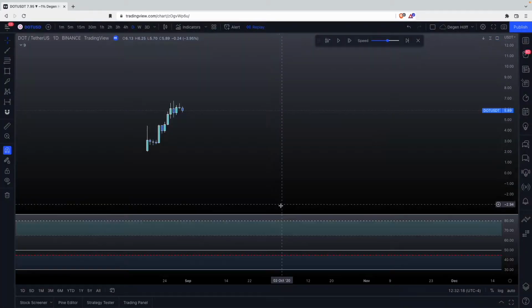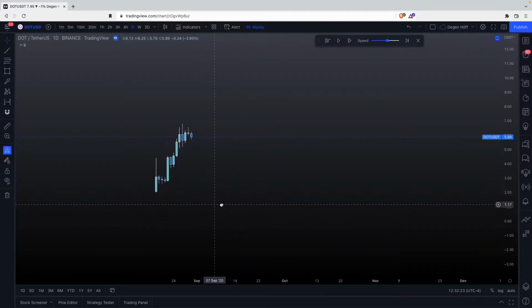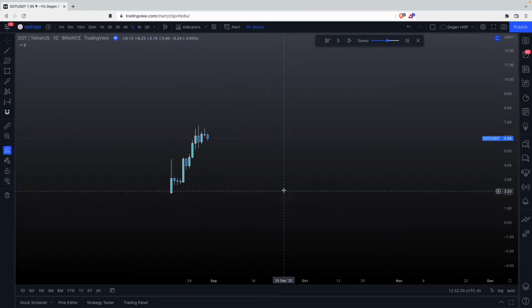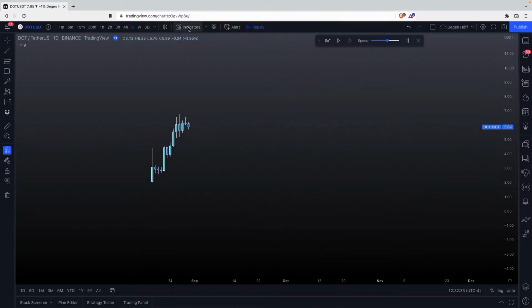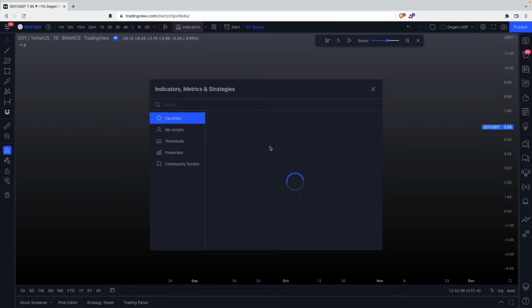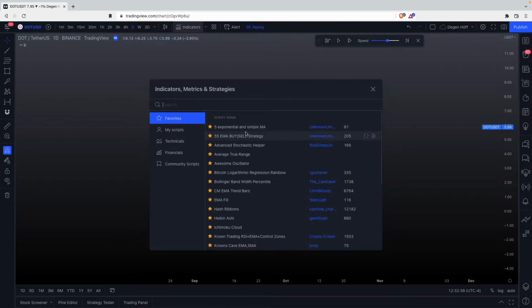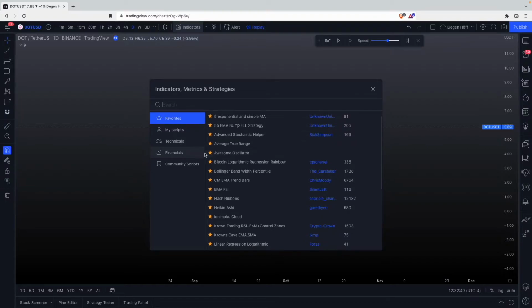Then I look for the oscillator I use. I mean, it's too early in the chart, there's no RSI data, but I use RSI. For me, it's just been a comfort thing, but I'm slowly starting to learn the awesome oscillator. Sorry, what's it called? I forget. Yeah, so awesome oscillator.